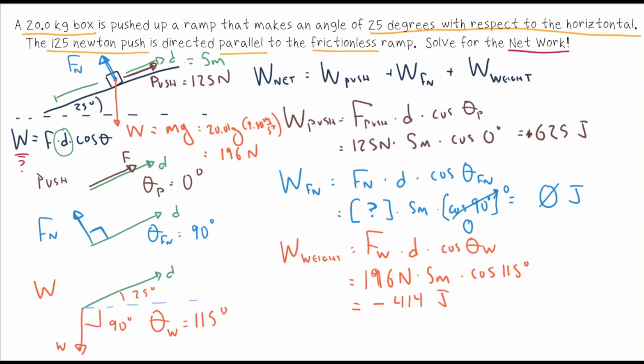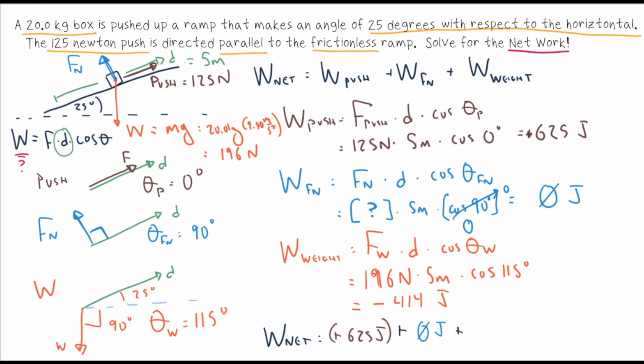So when we put it all together and we add the three of those terms together, the net work is simply going to be positive 625 joules, plus 0. I'll put it in there for completeness sake.